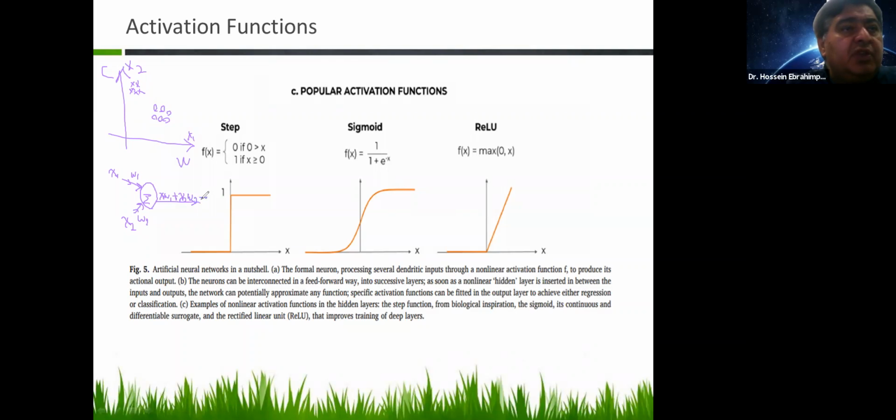Okay. So what will happen if I make it an equation and say X1 W1 + X2 W2 is equal to 0?